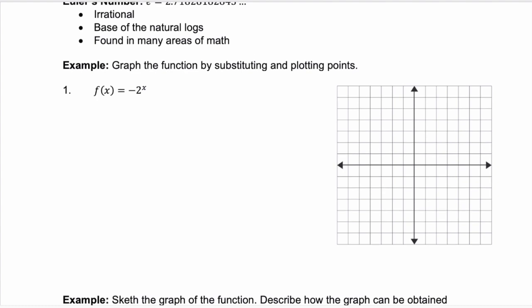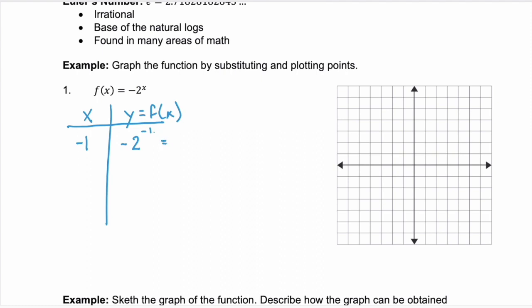You're going to graph an exponential function just like you would graph any other equation or even a line. Let's make a chart. So we're going to pick values for x, and we're going to find the corresponding y, or f of x value. We want to pick some smart numbers. Let's start with -1. f of -1 would be equal to -2 to the power of -1.